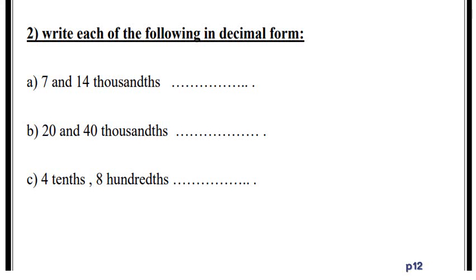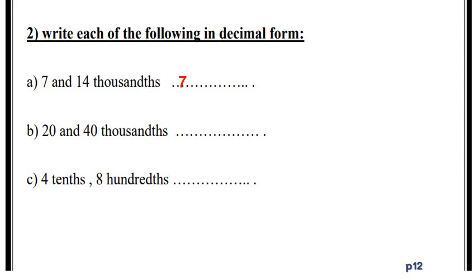And now write each of the following in decimal form. Decimal form means I'm going to write the number as a whole number, decimal point, and decimal part. In letter A, we have 7 and 14 thousandths. 7 without any house means it's in the ones digit.